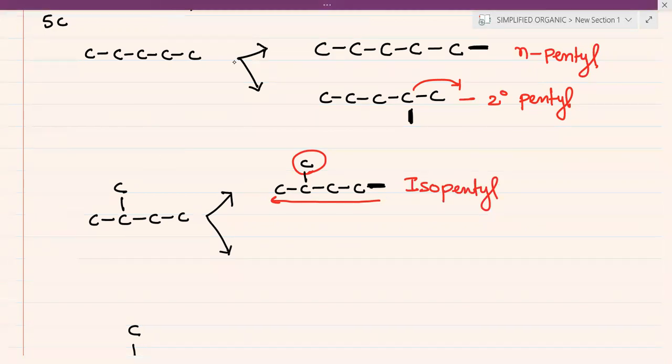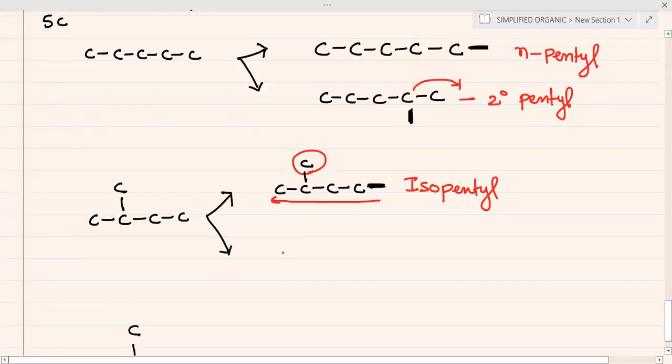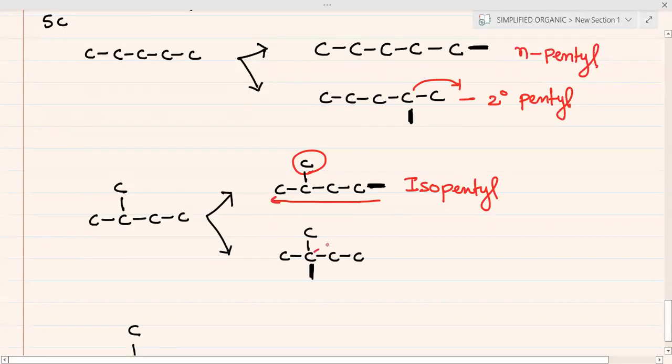Now, if I make a branch from this carbon, as the branch is from the tertiary carbon, this is called tertiary pentyl, because total five carbons are there.